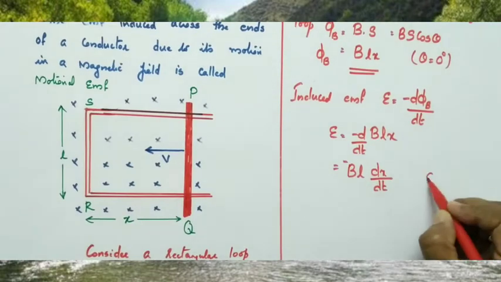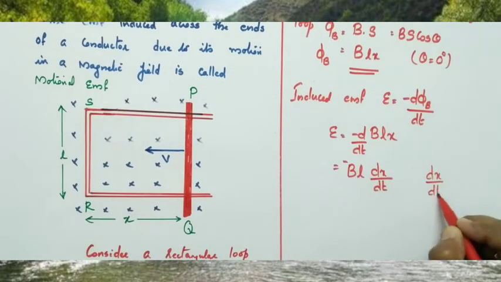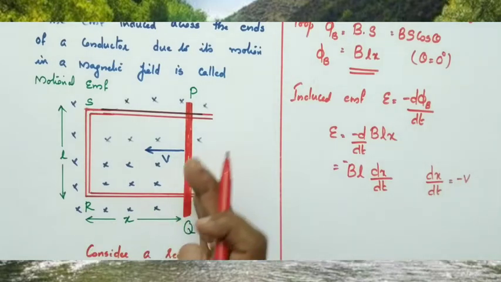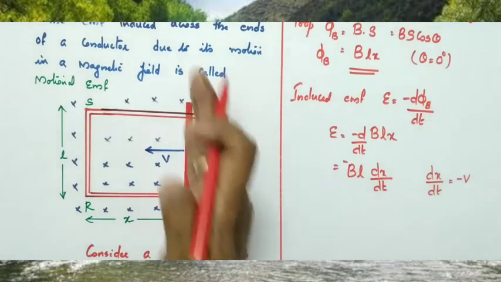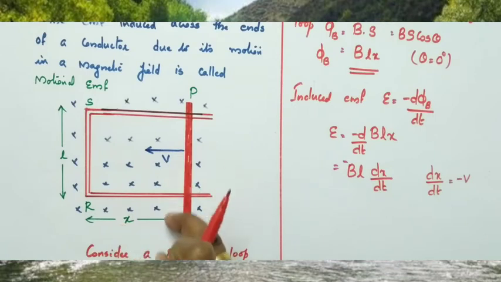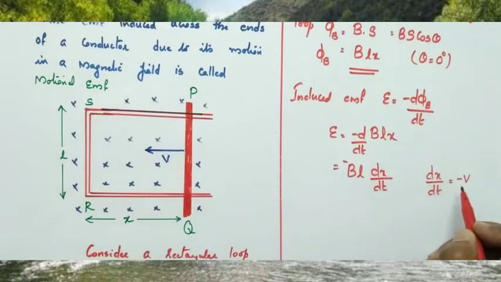Here dx by dt, the rate of change of displacement, is actually minus v. Why? Because as time increases, when this conductor is moving towards left, x decreases, and hence the velocity is negative.